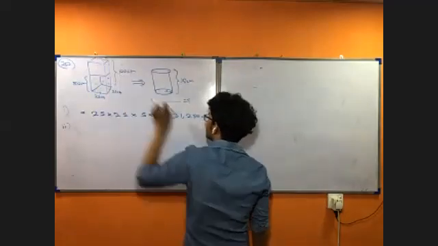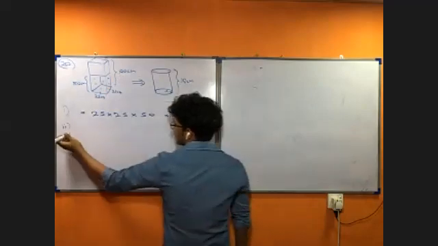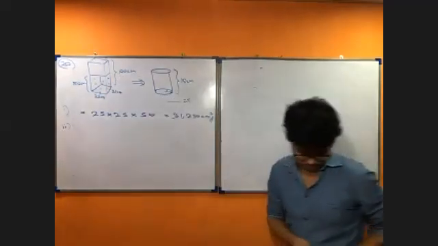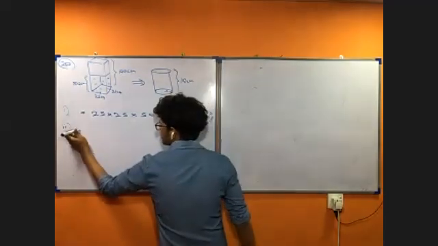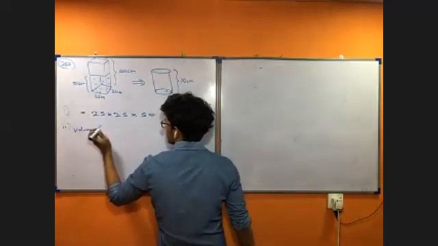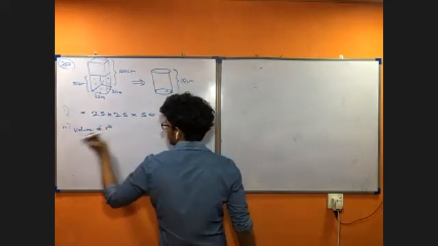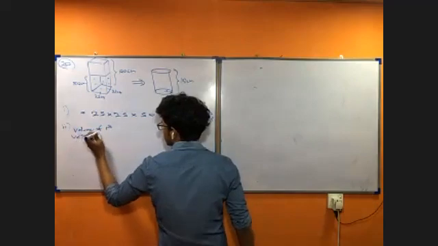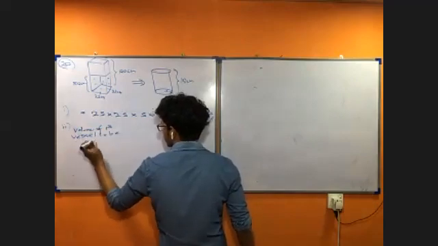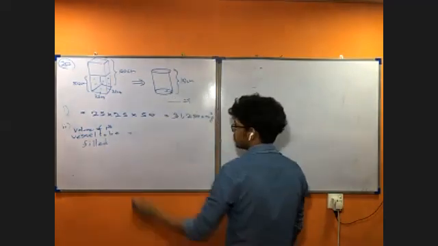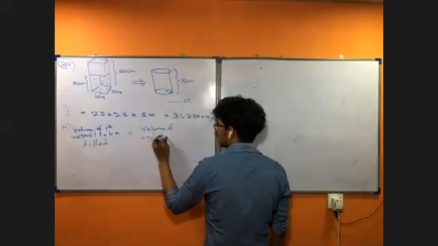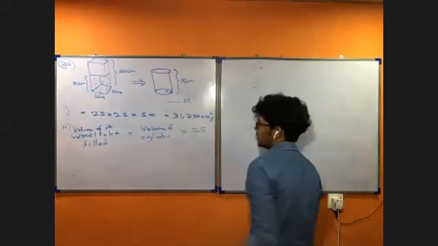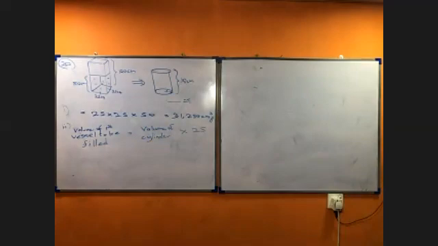So the volume of the first vessel to be filled is equal to the volume of the cylinder multiplied by 25.